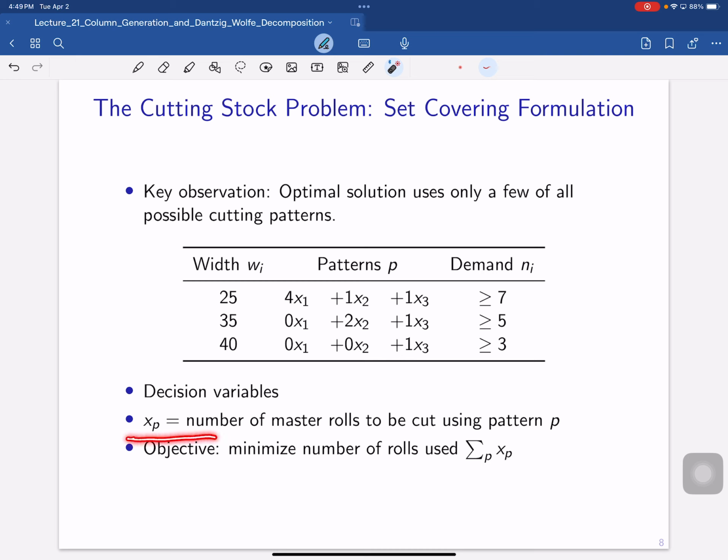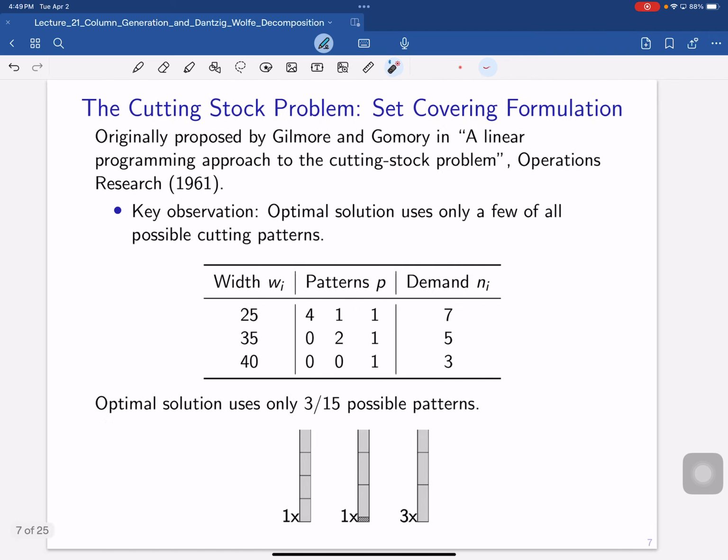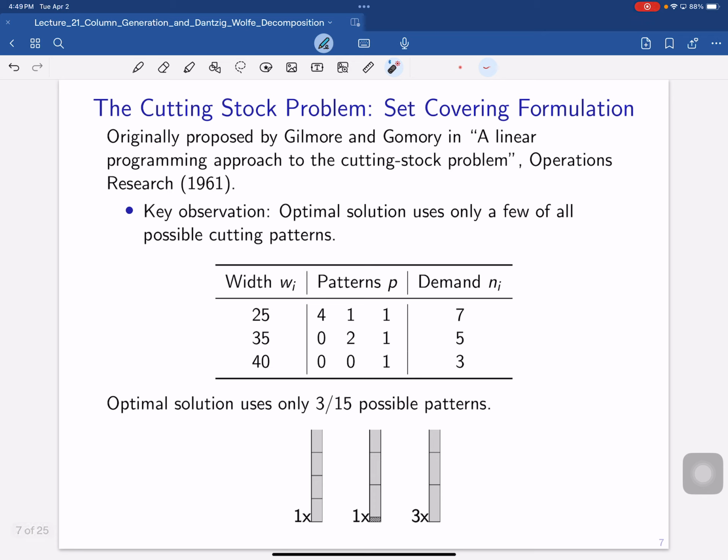It represents the number of master rolls to be cut with pattern p. So here I'm going to use this cut pattern once, and then this cut pattern once, and then this cut pattern 3 times. So the x variable is representing how many times you are going to use this cutting pattern.